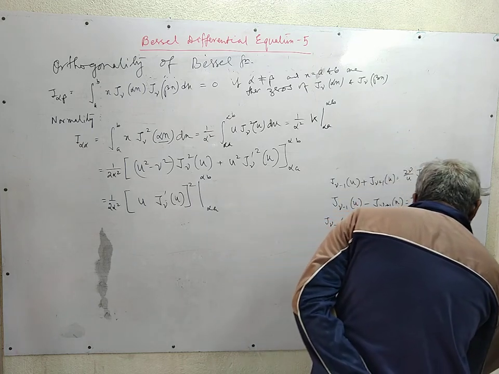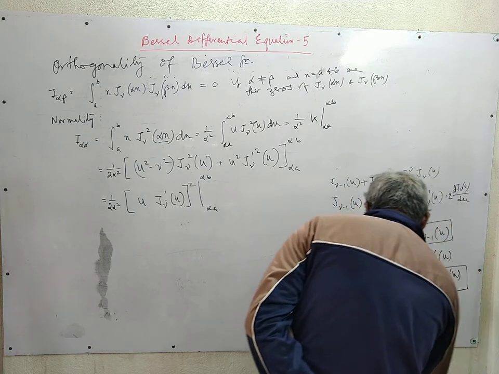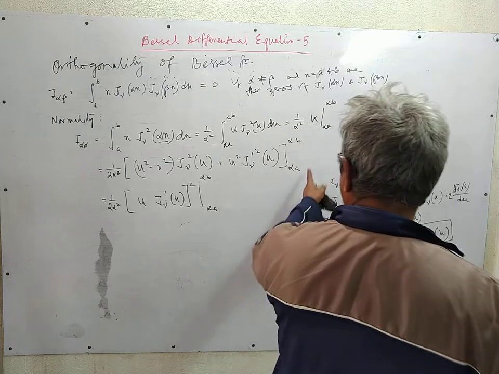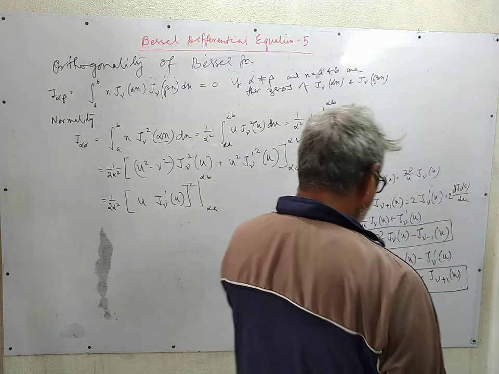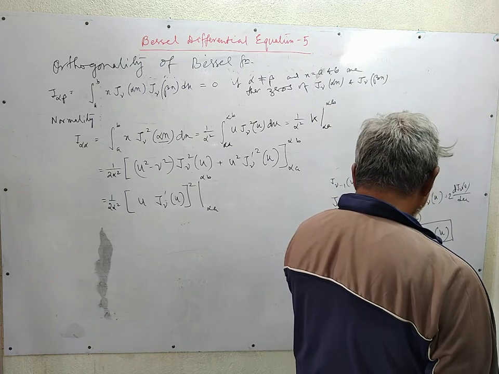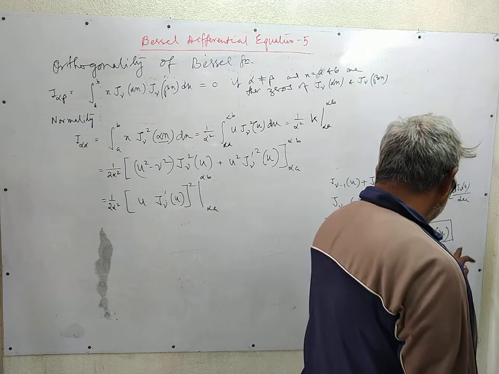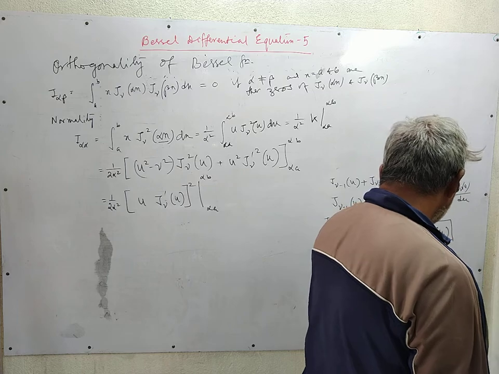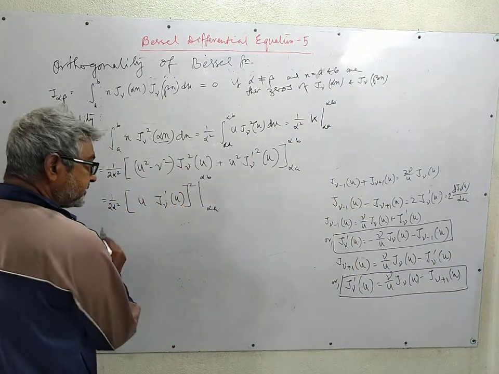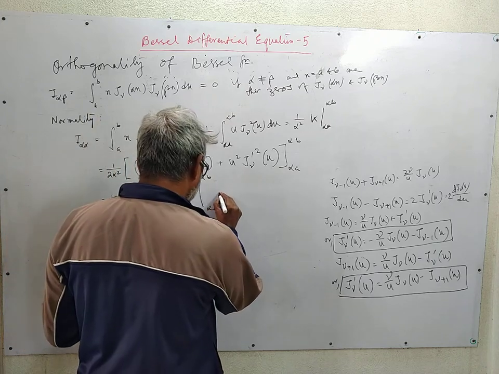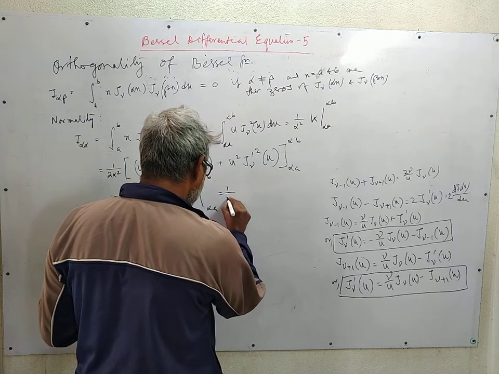Now, as per our choice, at the lower and upper limit j nu is 0. So we don't need to bother about these two terms. So this can be written either this one or this one. So there are two more alternatives.